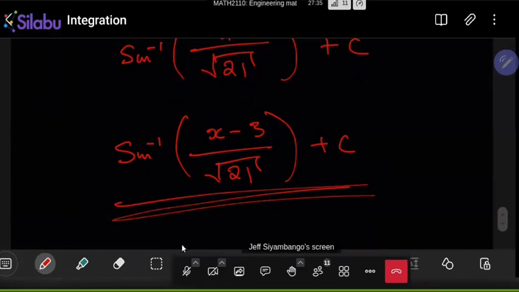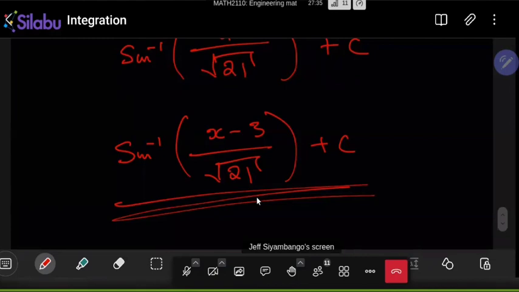Okay, any questions there? Can you kindly repeat how you put u equals the square root of sine theta? Okay, so where did that come from? It started from here.